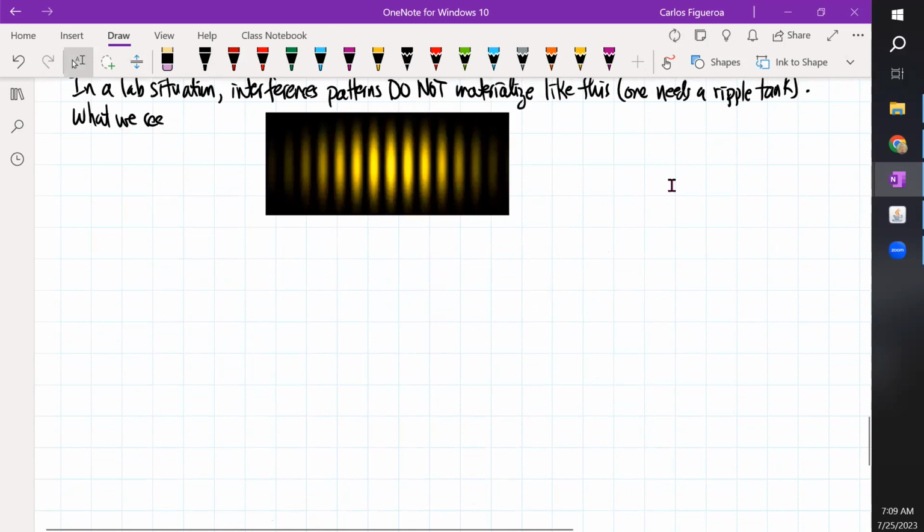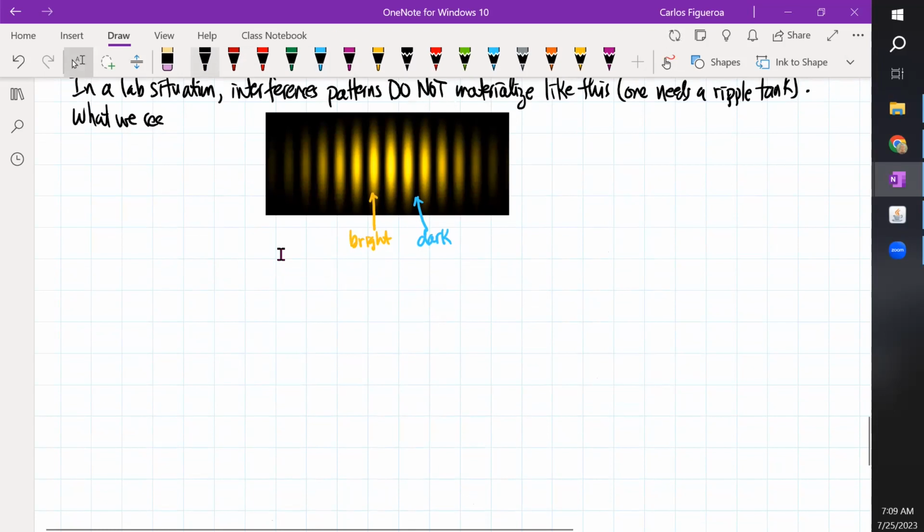And so in this situation, that right there represents a bright fringe. This right here represents a dark fringe. So both views are important, and we're going to utilize both.